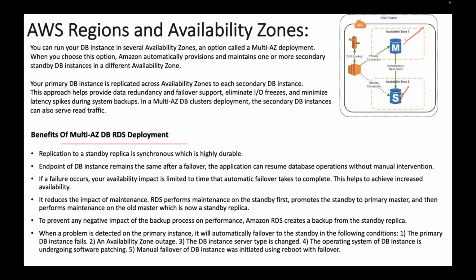But the standby can be in multiple availability zones, like 1A, 1B, 1C. So the standby can be in two availability zones: two standby database instances, one primary database instance. If the primary goes down, out of these two secondaries, one can become the primary.